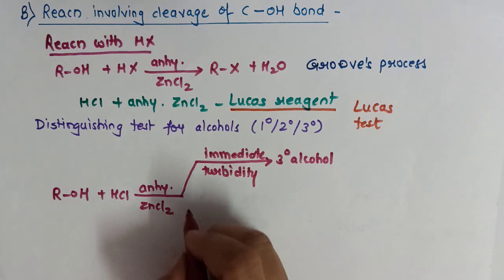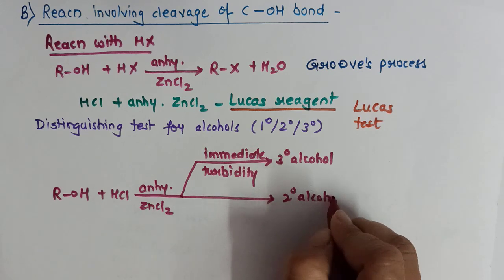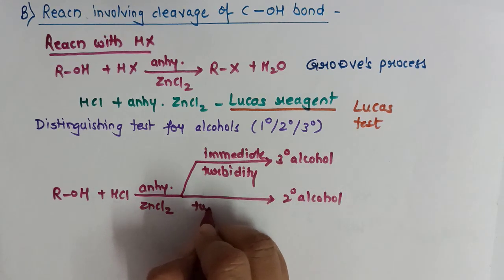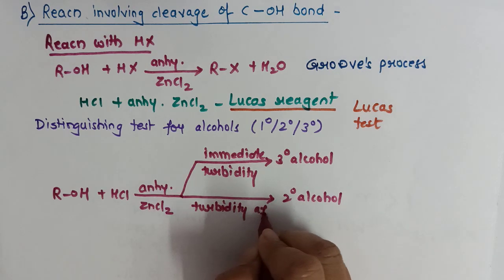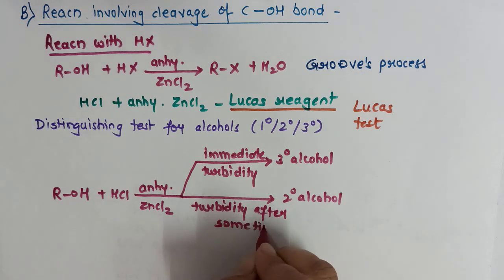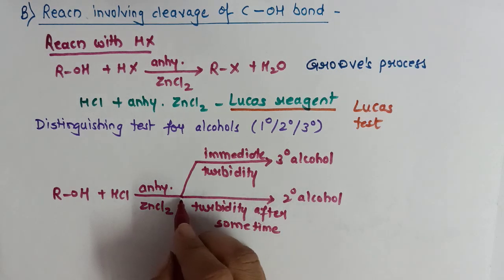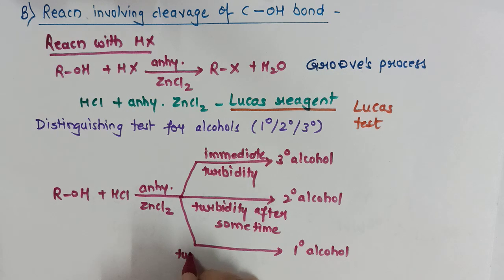But if it is a 2 degree alcohol, then turbidity will be observed after some time. And in case it is a 1 degree alcohol, we obtain turbidity after prolonged heating.